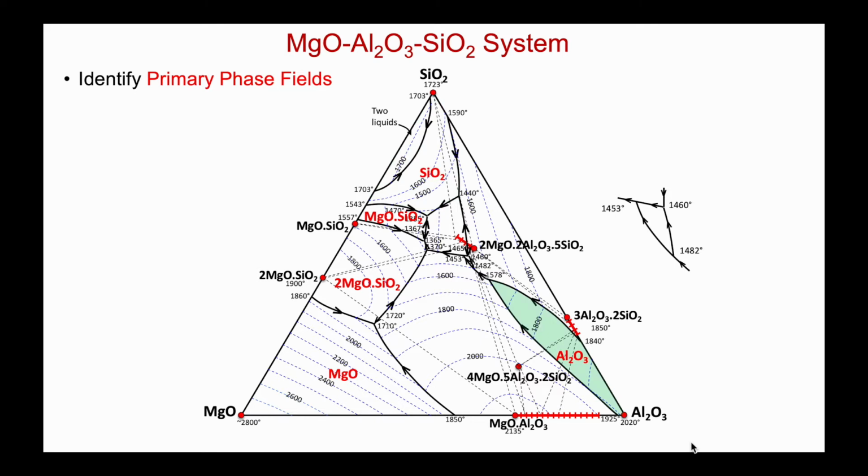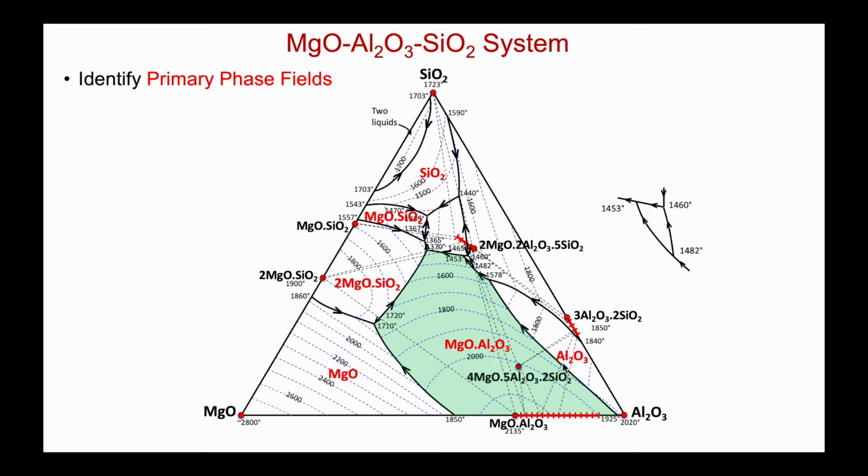Continuing to work our way along binaries, down at the lower right here, this is the primary phase field of Al2O3. Now working along the Al2O3-MgO binary, this whole area here must be the primary phase field of MgO-Al2O3, spinel. Now we'll come up the Al2O3-SiO2 binary.